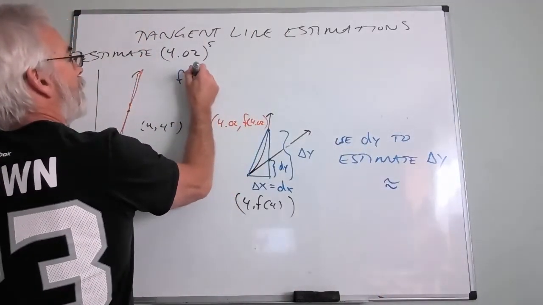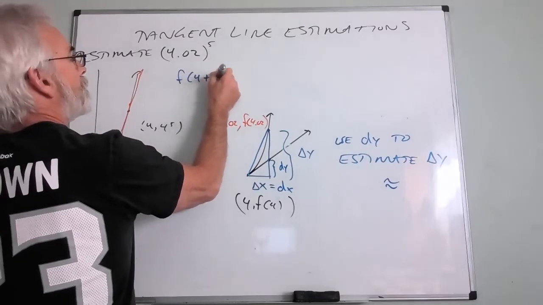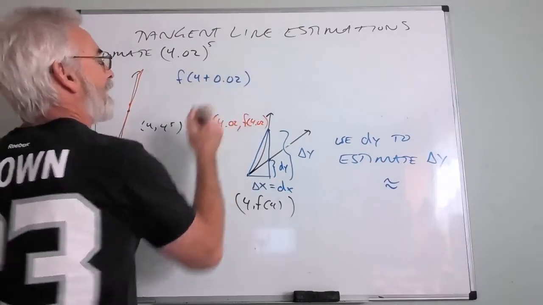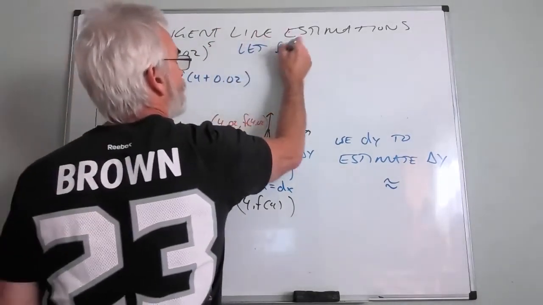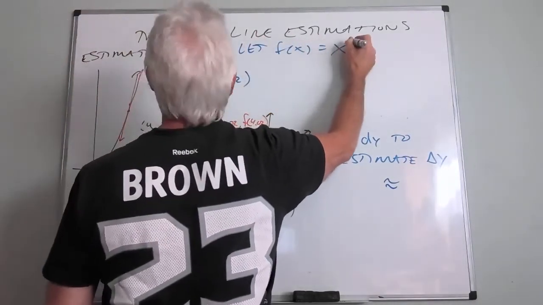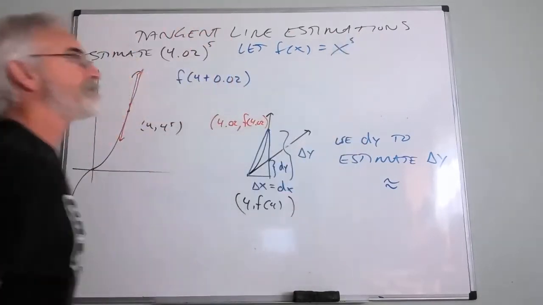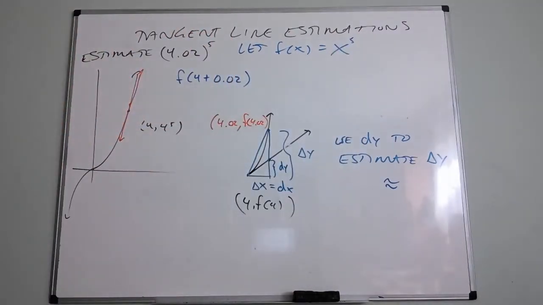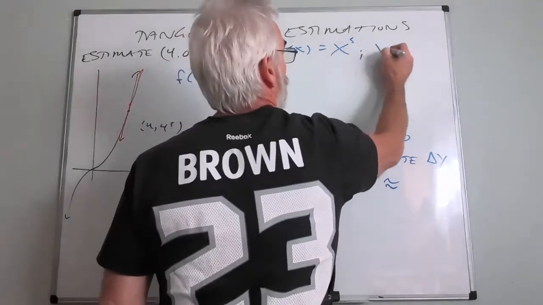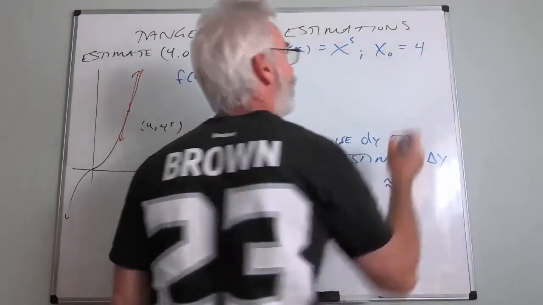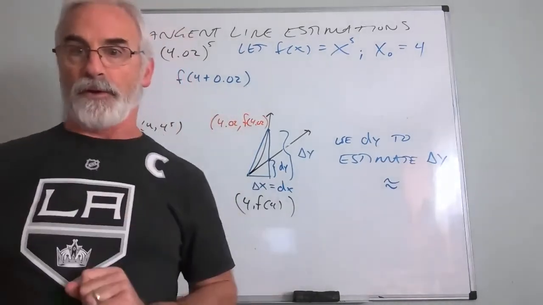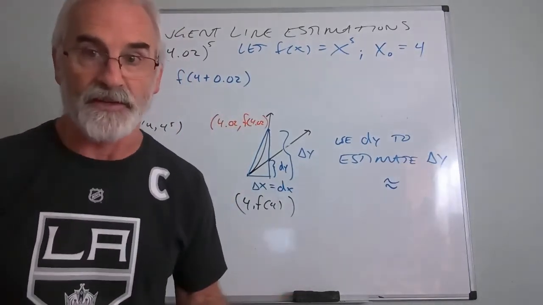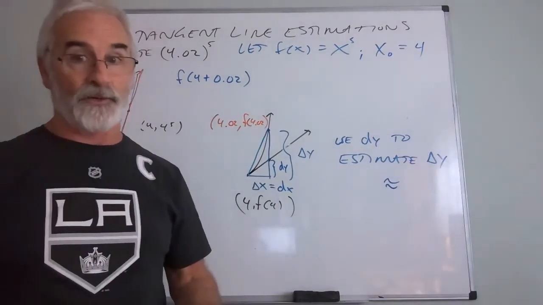f of 4 plus 0.02. That's how I want to think about this, where I'm going to say let f of x be x to the 5th power. And our starting point, we'll call it x naught, is going to be 4. Now the starting point has to be something that's easy to work with. 4.02 is not easy to work with. 4 is very easy to work with.